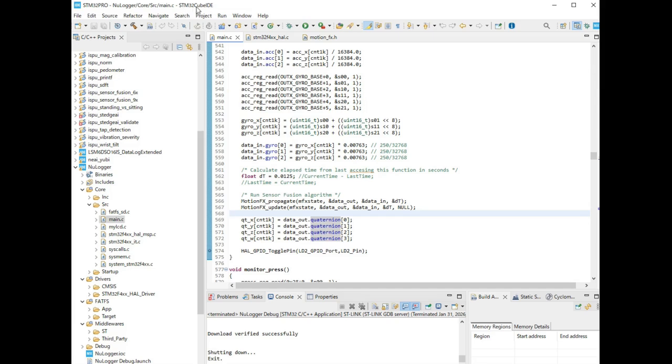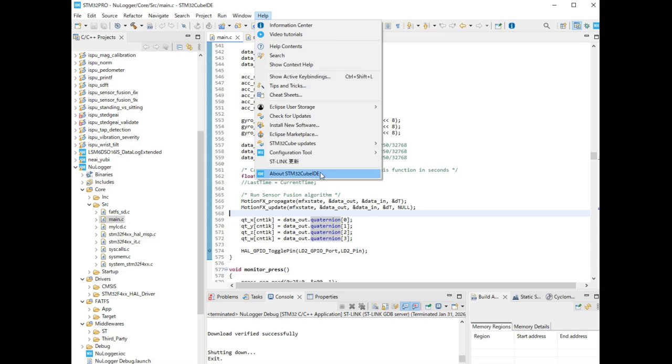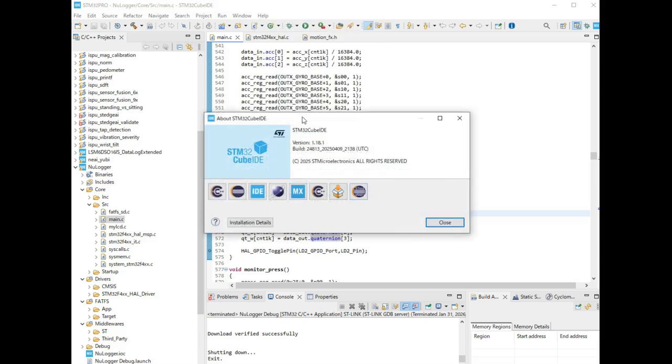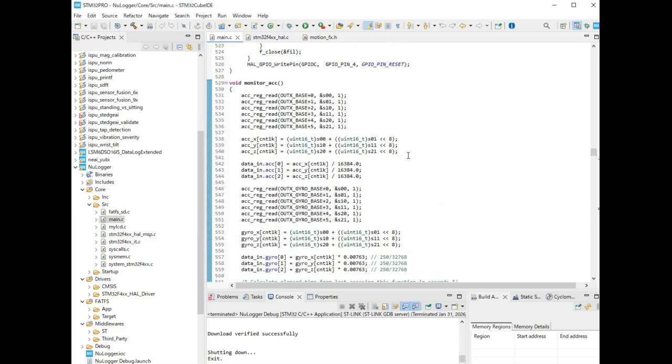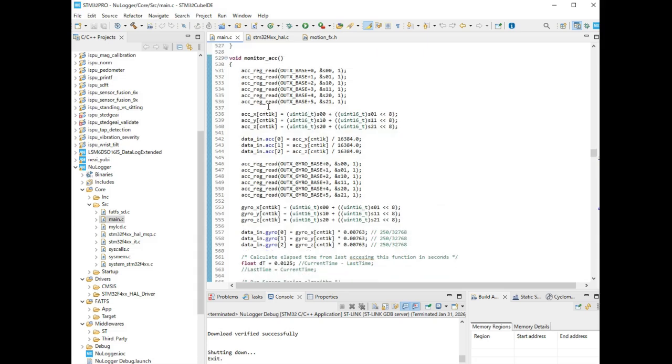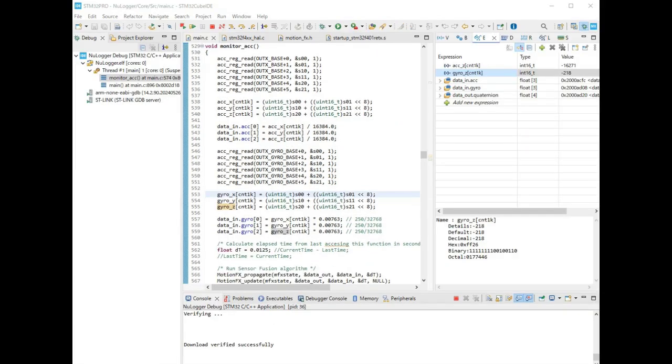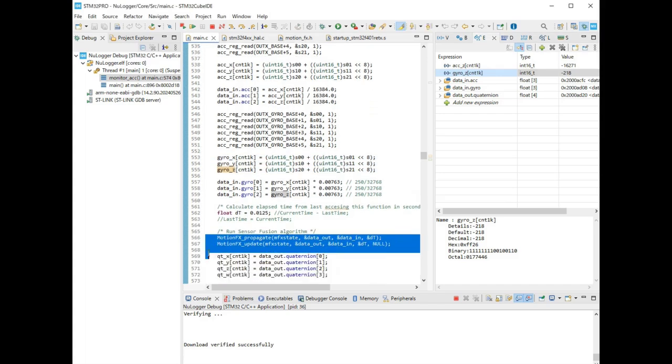This is a development tool for the microprocessor. It's called STM32 Cube IDE. And the program is written in C language. And these two lines are functions for sensor fusion provided by ST Micro.